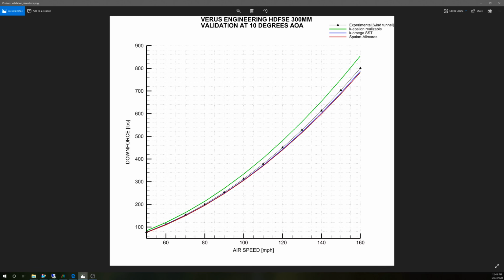In some cases the SA model is better. There are benefits of using that over the K omega SST besides just the accuracy reasons, but that's a whole other conversation. So K omega SST is basically our standard go-to turbulence model.